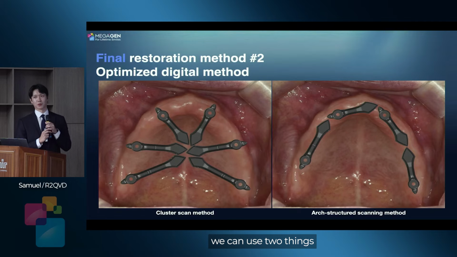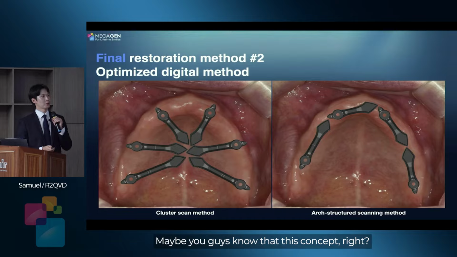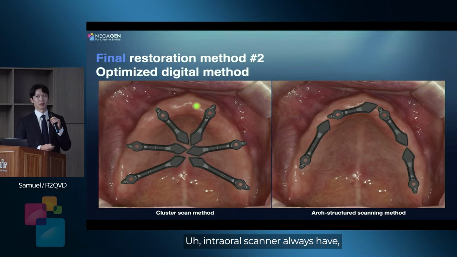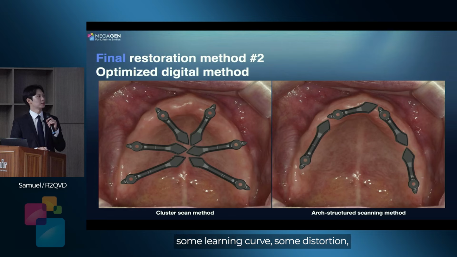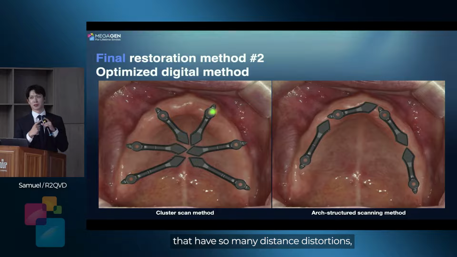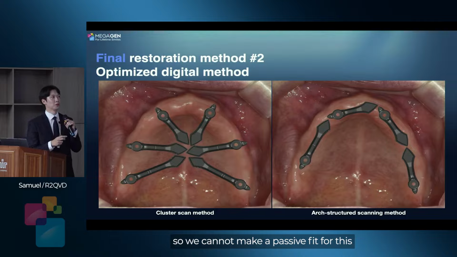We can use two things. First one, yeah, cross tie. Maybe you know this concept, right? Intraoral scanners always have some learning curve, some distortion about here, this curve. So if we use a normal scan body, it has so much distortion, so we cannot make a passive prosthesis.